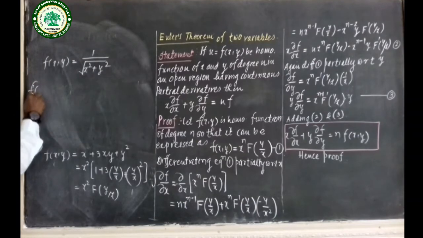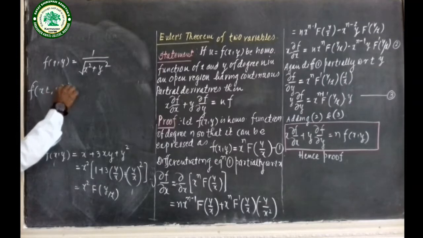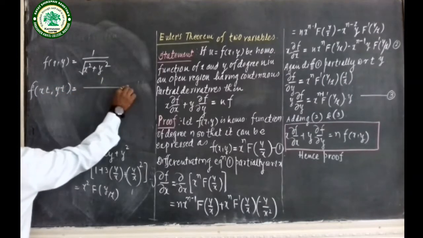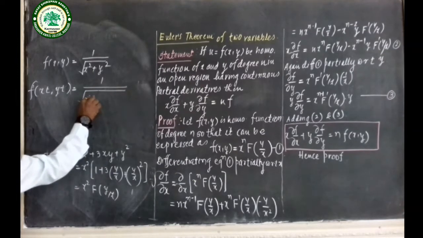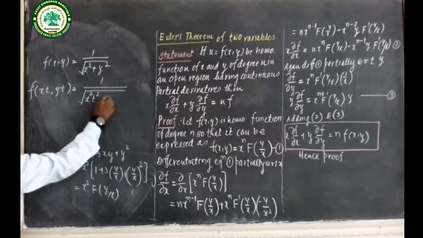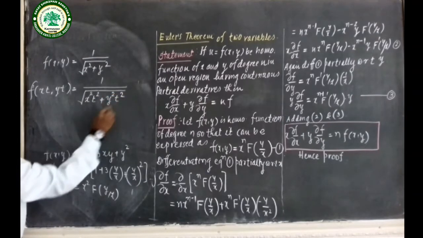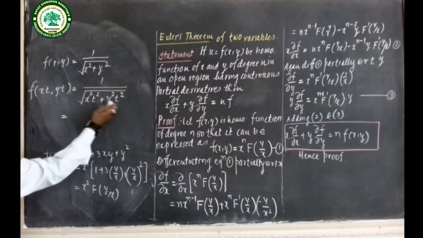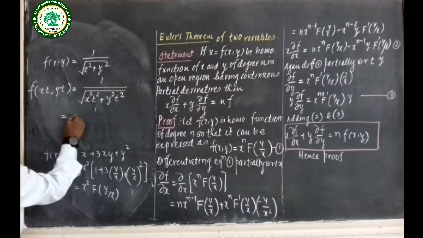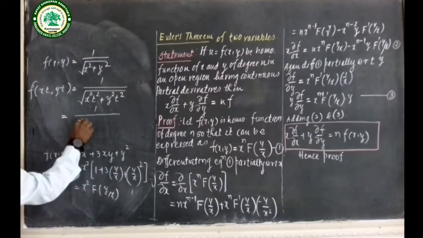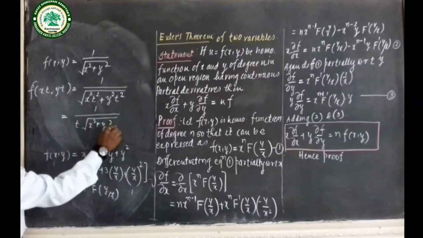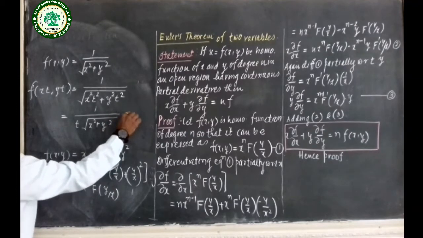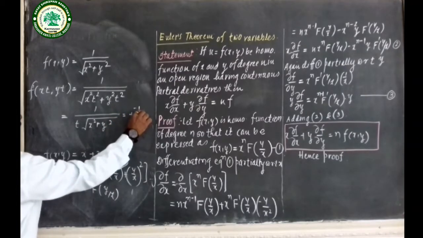You can write this with x into t and y into t, that means in terms of t, 1 upon root of x square t square plus y square t square. t square is taken out of the root sign, which gives t into root of x square plus y square, which is equal to t raised to minus 1 into f(x,y).